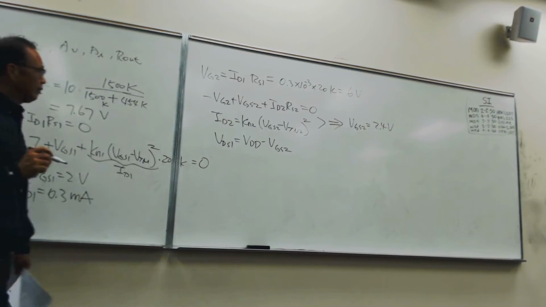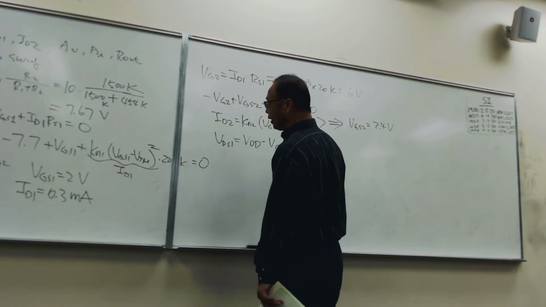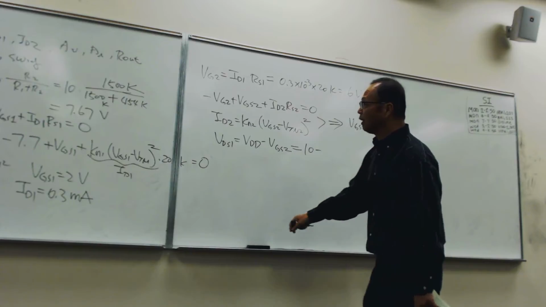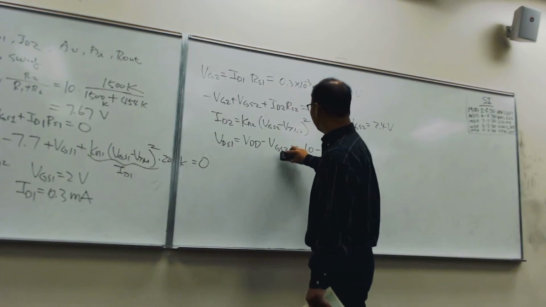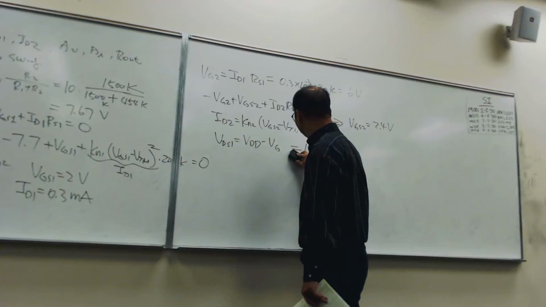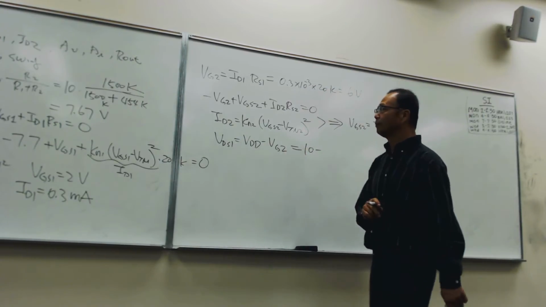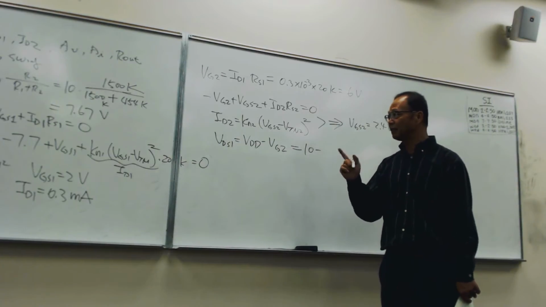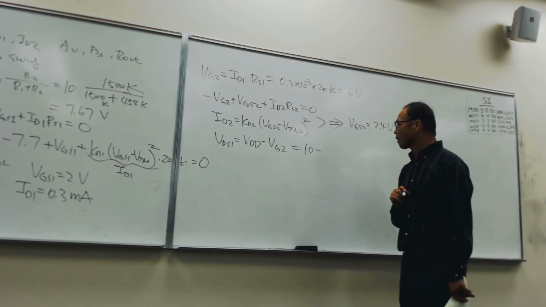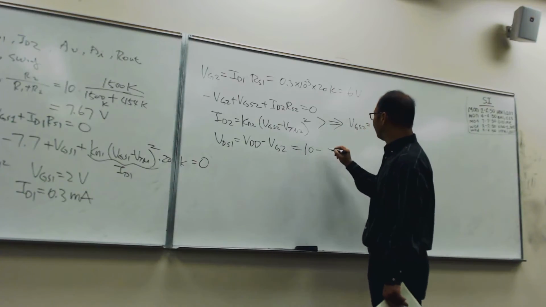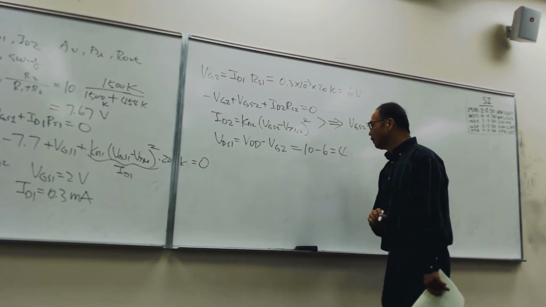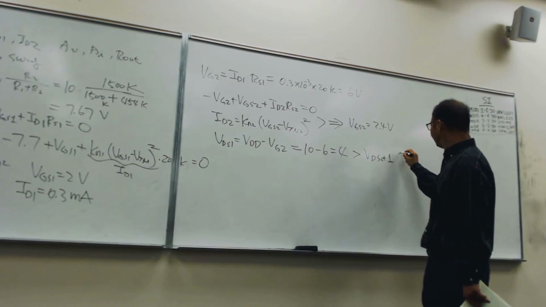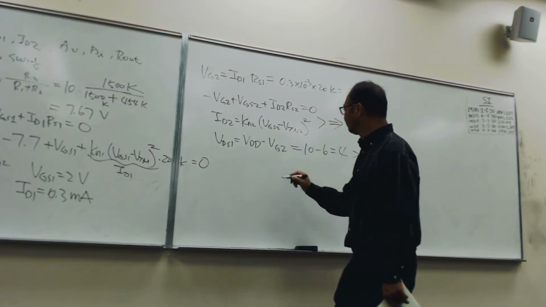Therefore it's equal to 10 minus, what was VGS2? I'm sorry, not VGS2, VG2. Mistake here. Now you have to know VG2 is not the same as VGS2. So VG2 was 6, so this is 10 minus 6, so it's 4. So is it larger than VPset1? So what's VPset1?